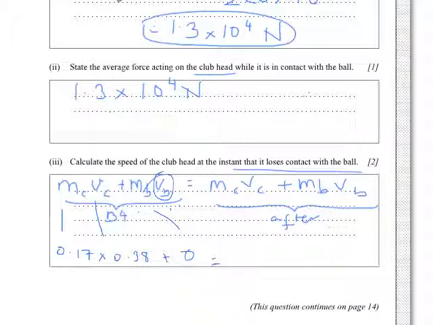Okay, equals 0.17 times v, which is what we're trying to find out, the velocity of the club head after the collision, plus 0.045 times 63 after the collision. And you work that all out and you rearrange, and you should get a value for the velocity of the club head of 21 meters per second.